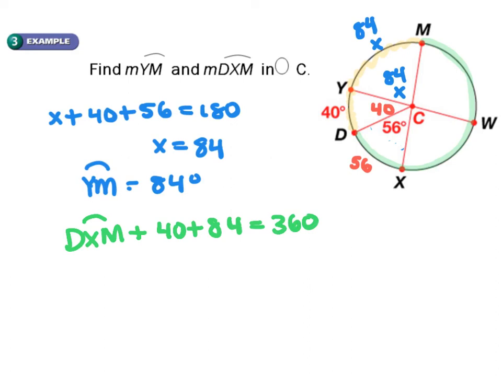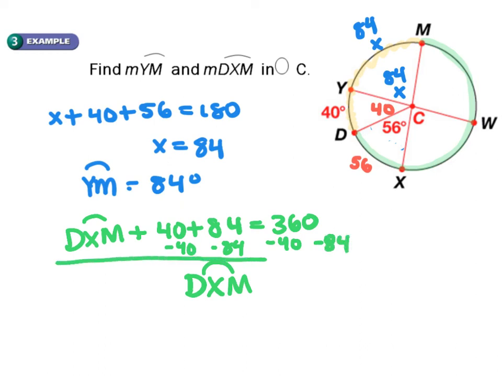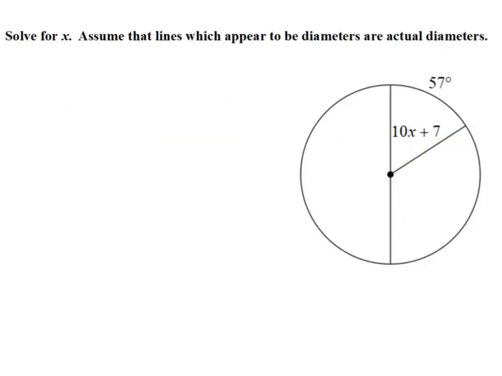So if I solved, it should give us that arc DXM, by subtracting the 40 and subtracting the 84, you would get that the measure of the arc equals 236 degrees. And again, this is just one possible way of doing this.